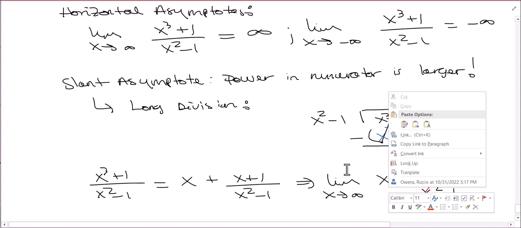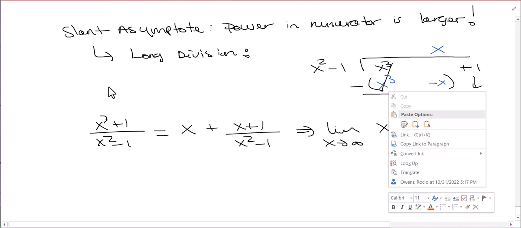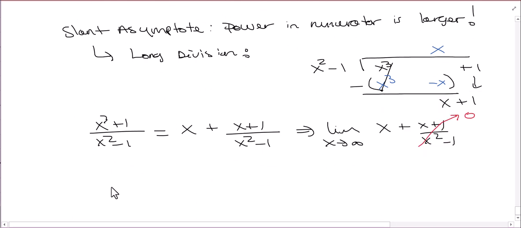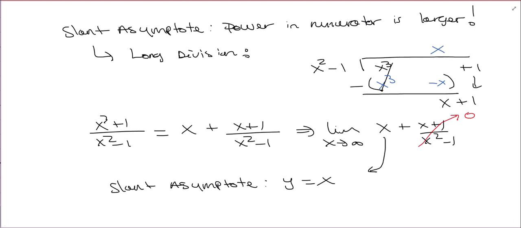So that means that we have a slant asymptote at the line y equals x. Whatever the quotient is, that becomes our slant asymptote. So if your long division had something else like x plus 1 or x minus 3, that would be your slant asymptote.